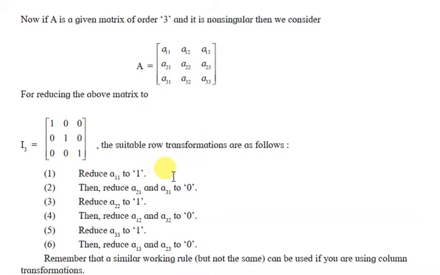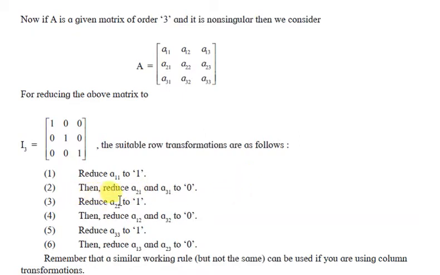Suppose the number is 5, then the result will be 1 only when you divide 5 by 5. It means the first row has to be divided by 5 or multiplied by 1 by 5. So the reduction of A11 to 1 will be done by using the transformation of scalar multiplication.